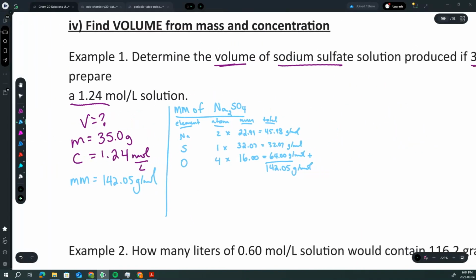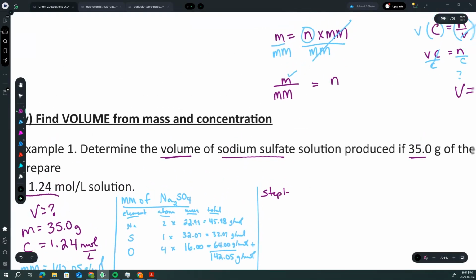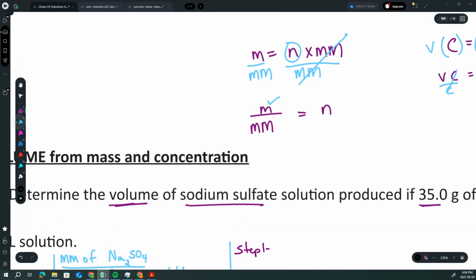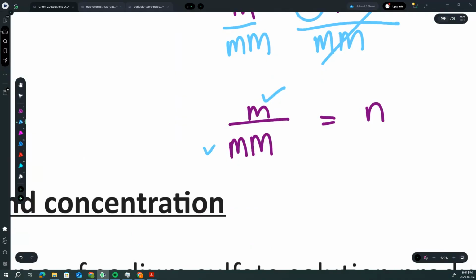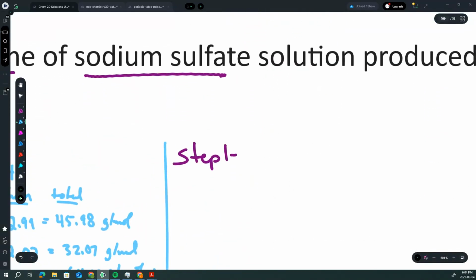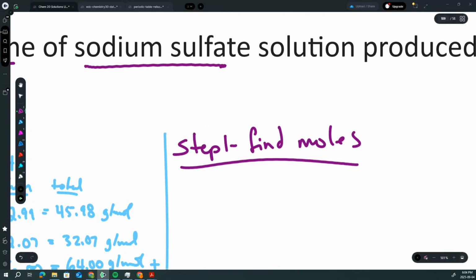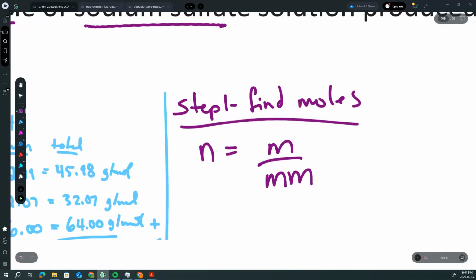Okay. So now that we have that figured out, for these types of questions, step 1 is going to be to figure out moles, because we have mass and now we have molar mass. So now we can figure out moles. So moles is equal to mass divided by molar mass.